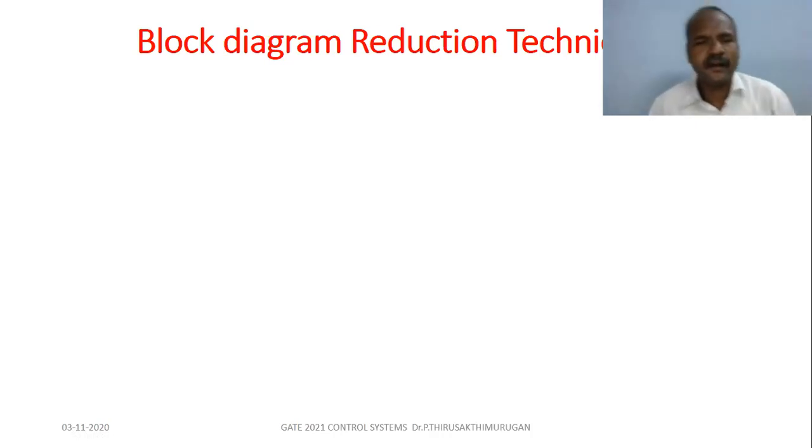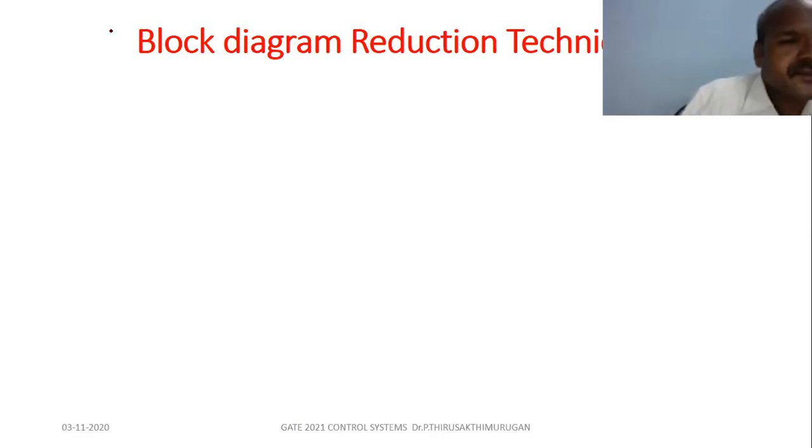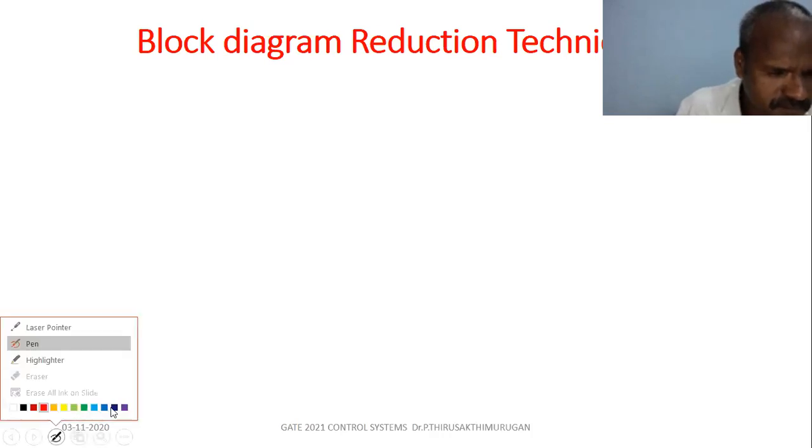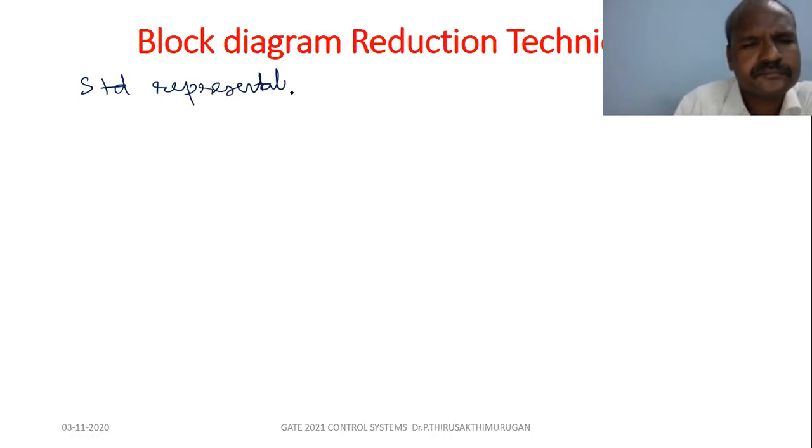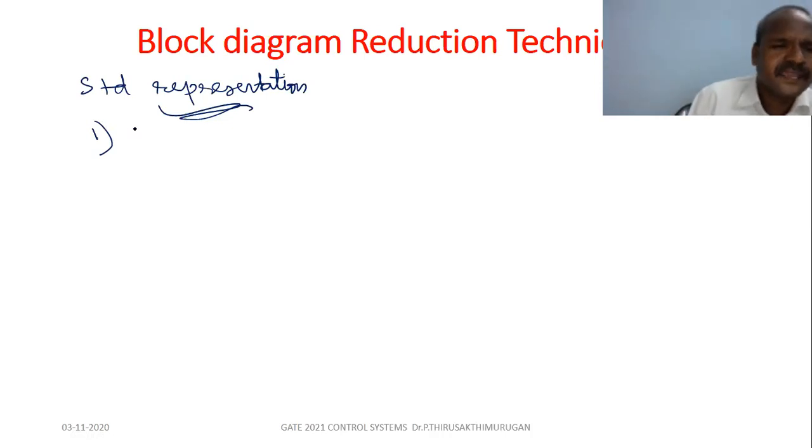One is series or cascade, then parallel or feed forward, then closed loop, or feedback canonical form.